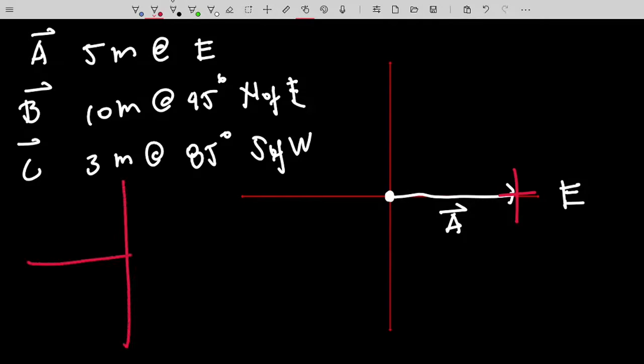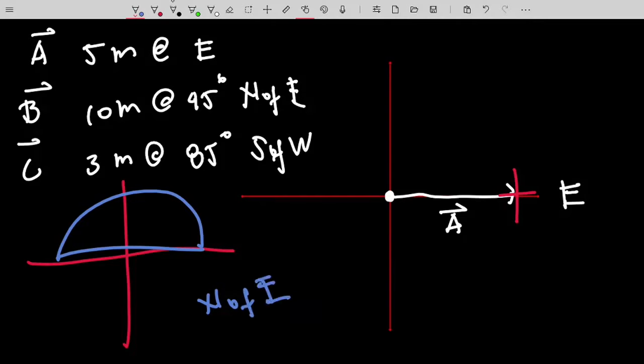For example, this is your Cartesian plane, and you have your protractor here. The idea is that whatever direction comes first will be the direction of where you're going to count. For example, north of east has 45 degrees.